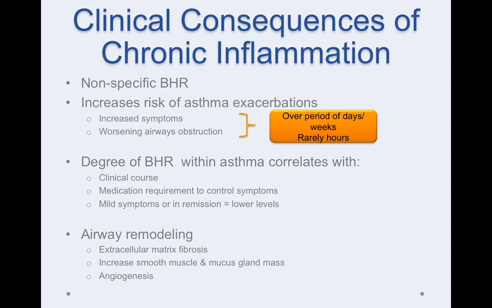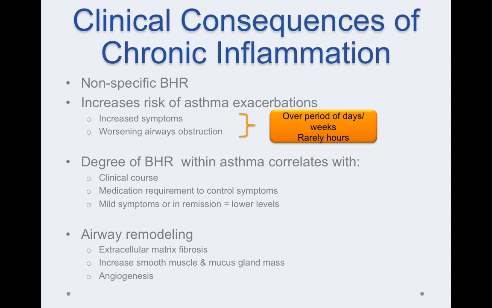This tends to occur over a period of days and weeks and very rarely occurs over several hours. The degree of bronchial hyperresponsiveness within asthma correlates with the clinical course as well as medication requirement to control symptoms. Therefore, mild symptoms or patients who are in remission tend to have lower levels of BHR.